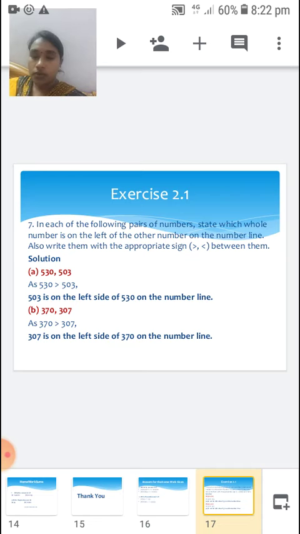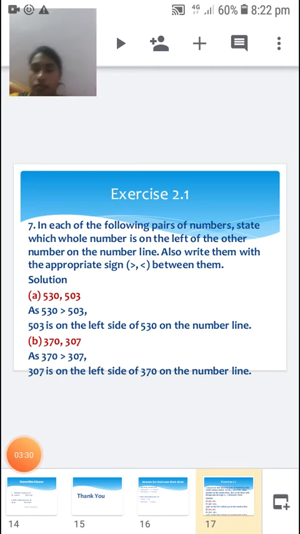In each of the following pairs of numbers, state which whole number is on the left of the other number on the number line. Also write them with the appropriate sign, that is greater than or lesser than, between them.